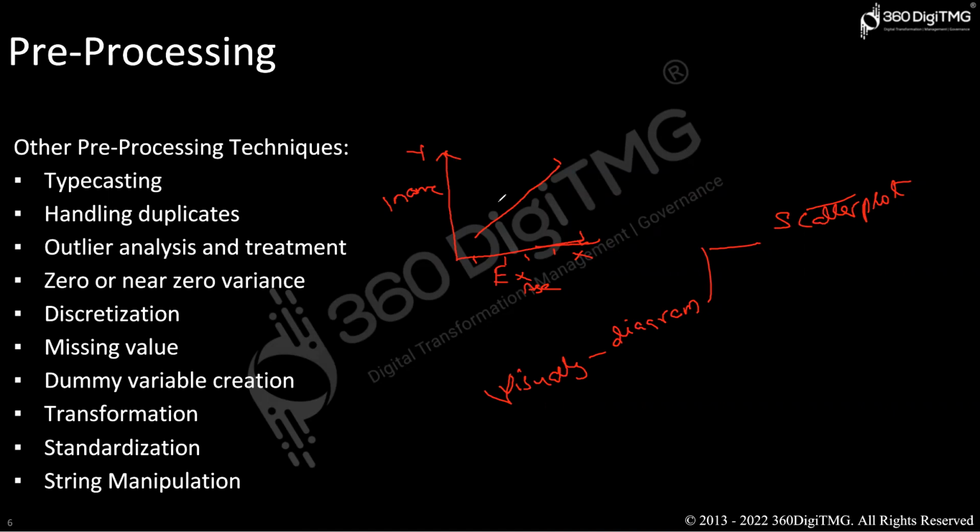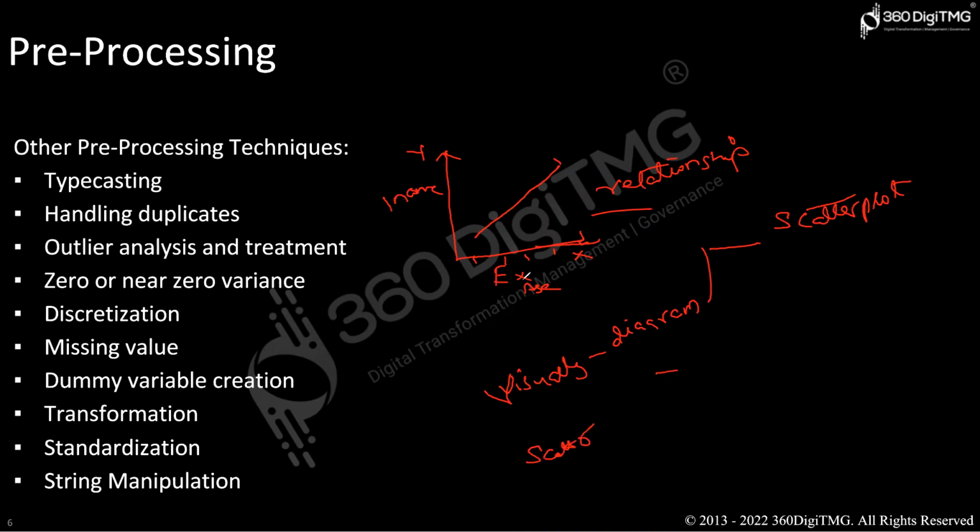If X increasing makes any impact on Y, then that is a relationship. That is what the scatter plot shows.